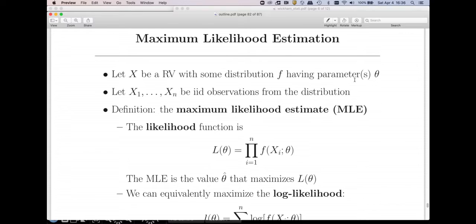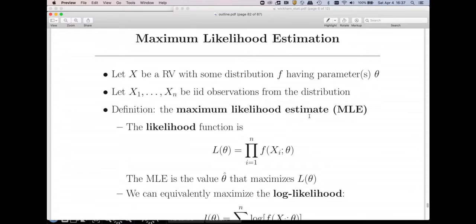It could just be a single parameter, as in my example of a coin flip. Now, I observe n IID observations, so they're independent and identically distributed. With my coin flip example, I'm going to flip the same coin each time, so they come from the same identical distribution, and one coin flip doesn't affect another, meaning they're independent of one another. And I've recorded their values, x1 through xn.